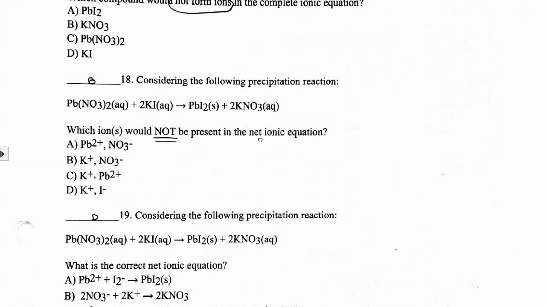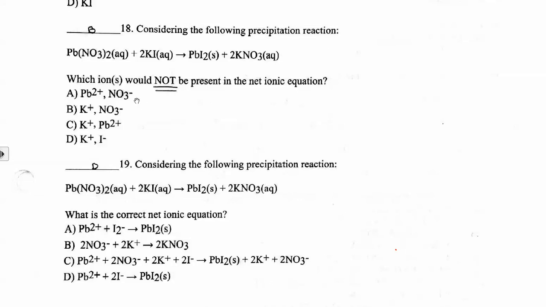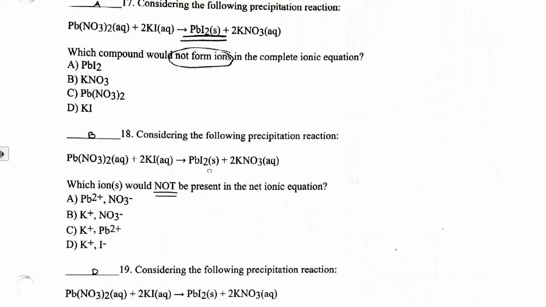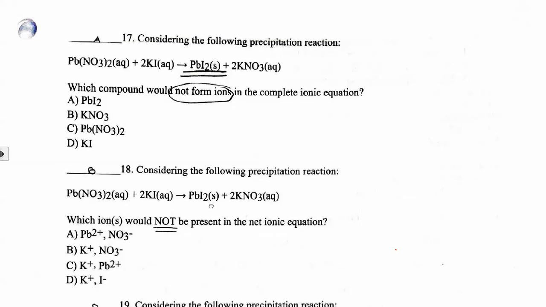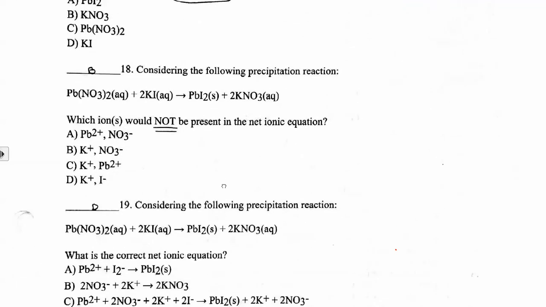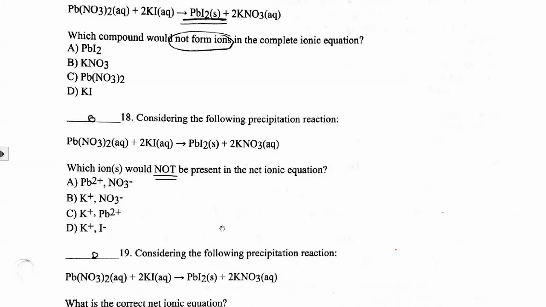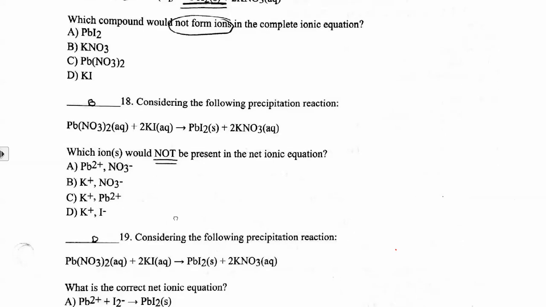So A. 18. Considering the following precipitation reaction, which would not be present in the net ionic? Again, I feel like that's the same question. Yes, same question. Which ions would not be? This is the compound that's formed, so Pb and I would be in the net ionic, meaning that K and NO3 would not be in the net ionic equation.